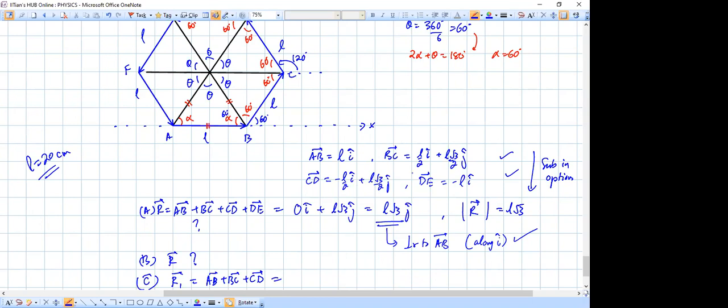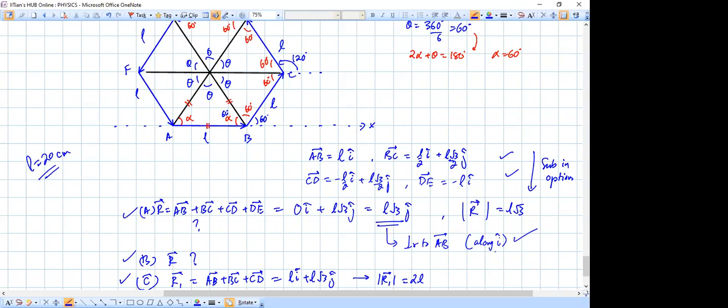AB plus this thing will give you L I cap: L plus L by 2 minus L by 2, so that will give you L. And J cap component will be 0 plus root 3 by 2 plus root 3 by 2, so plus L root 3 J cap. So from this you can see that the magnitude of this resultant will be 2L. So like that you can check this option. So that is 40. So this option is also correct.